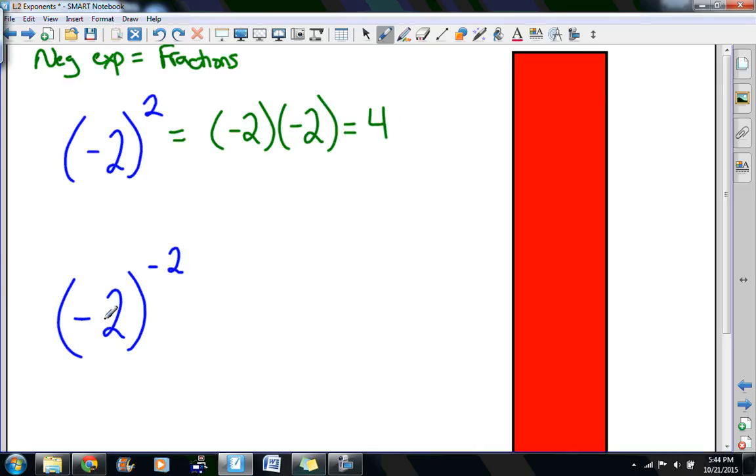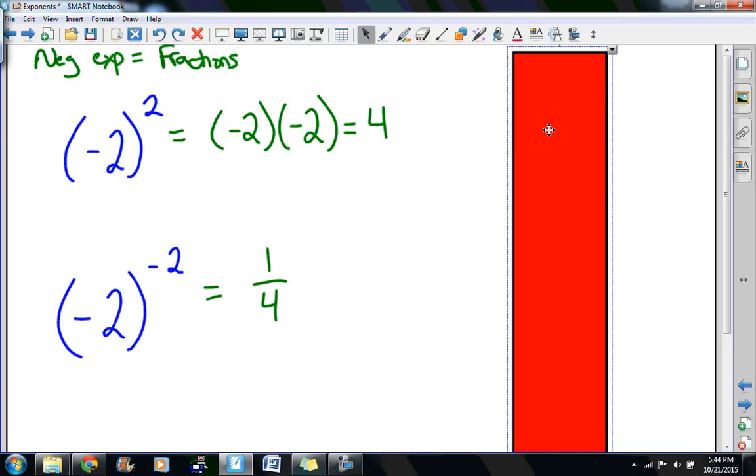In this bottom example, negative 2 to the negative second power is the equivalent of this number in the denominator. It means a fraction. So when you see negative exponents, think to yourself, we're working with fractions, not negative numbers. If you notice, both of these had positive answers, even though we had negative exponents.